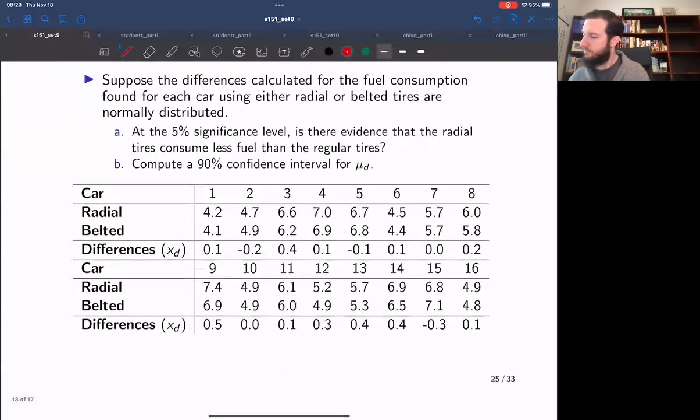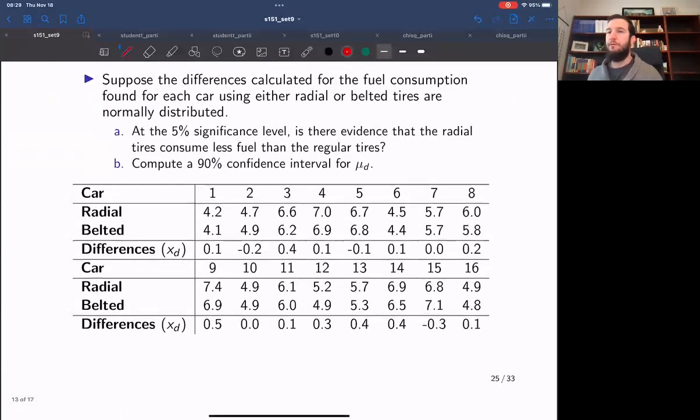All right. So for our taxi cab example, we want to know at the 5% significance level, is there evidence that the radial tire consumes less fuel than the regular belted tire? And we want to then compute a 90% confidence interval for mu D. On slide 25, I've given the same table that I gave before.